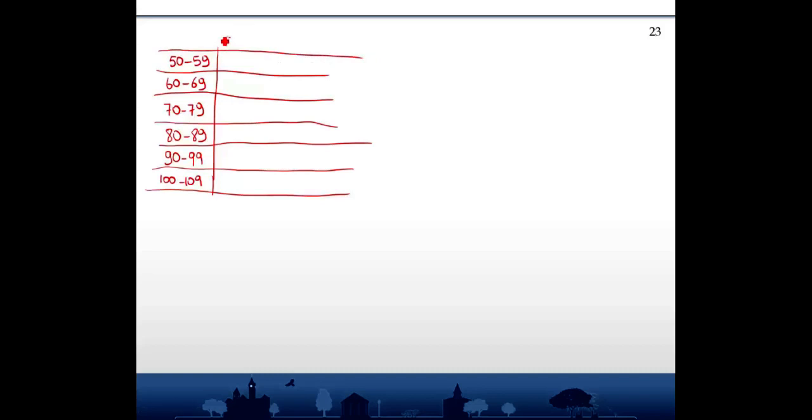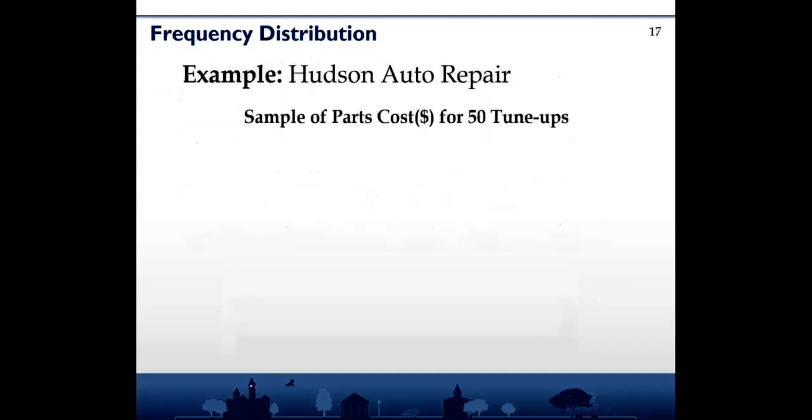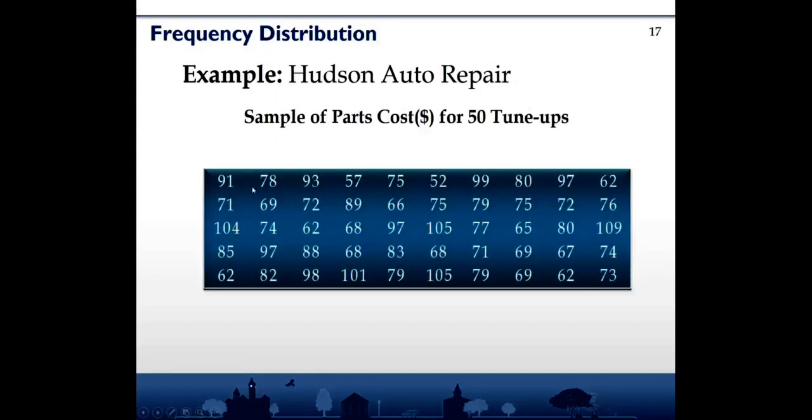Now we can obtain the frequency distribution, which now we count. How many do we have in this class? How many do we have in 50 to 59? We have 52, 57.